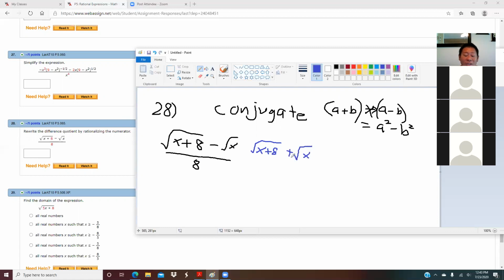As it's a fraction, if you multiply something on the top, you have to multiply the same thing on the bottom. So this is actually 1 because they are exactly the same thing, and anything multiplied by 1, you get back the same thing.